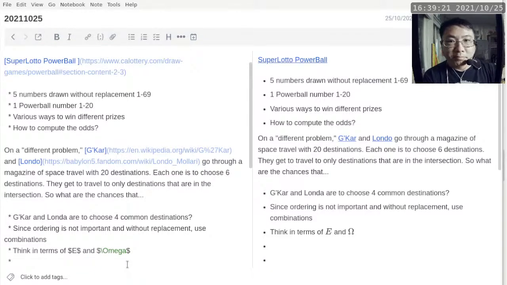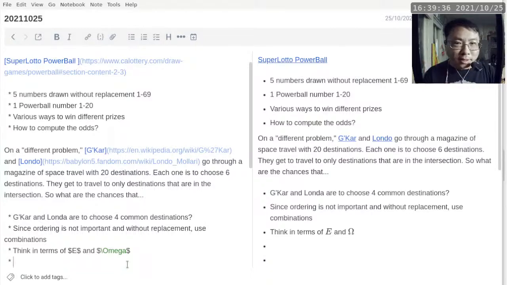This gets a little bit tricky, because it's a matter of perspective. So let's not look at the overall problem omega. Let's just look at one person.